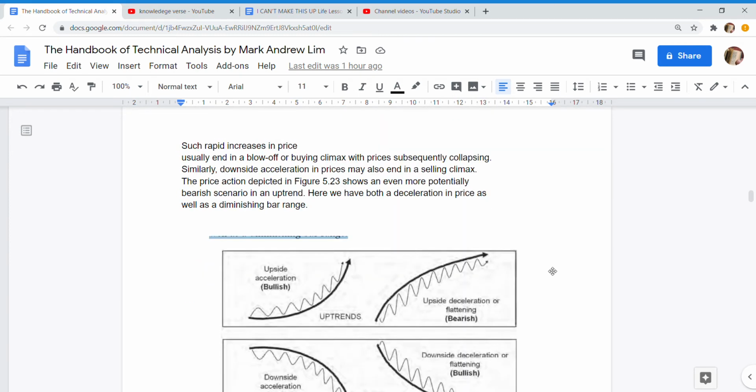The price action depicted in Figure 5.23 shows an even more potentially bearish scenario in an uptrend.